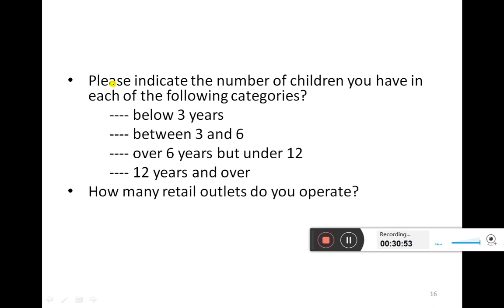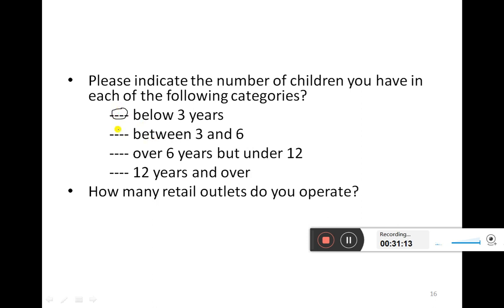Now look at the example I have given you: please indicate the number of children you have in each of the following categories: below 3 years, between 3 and 6 years, over 6 years but under 12, and 12 years and over. For below 3 years, I have 0.